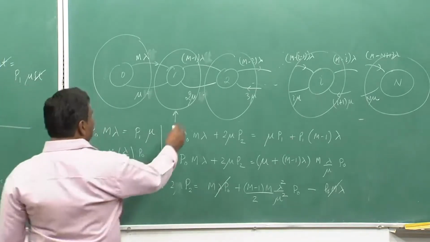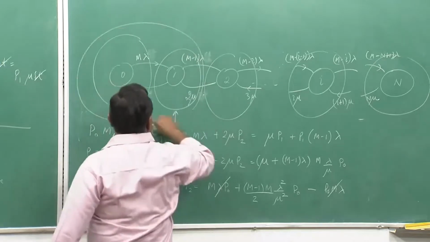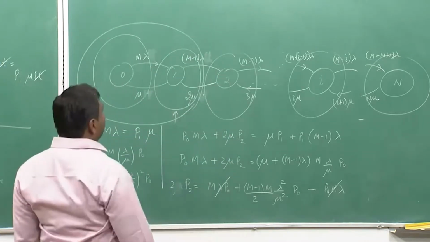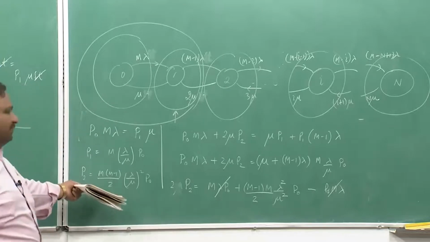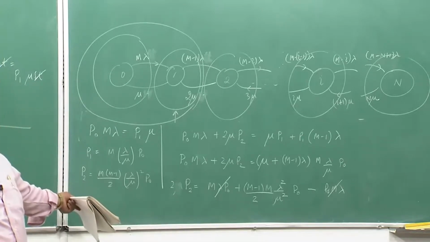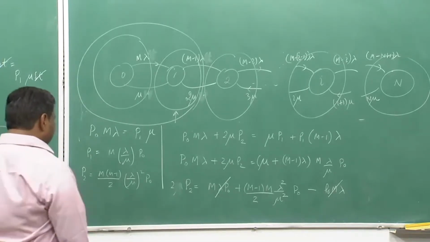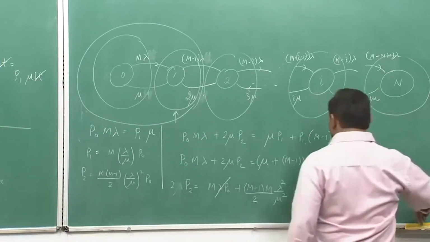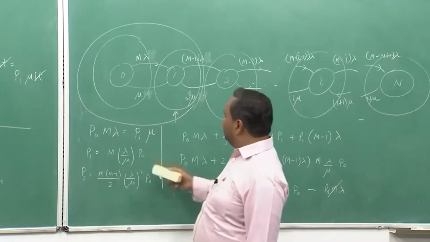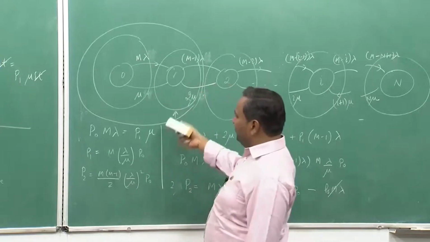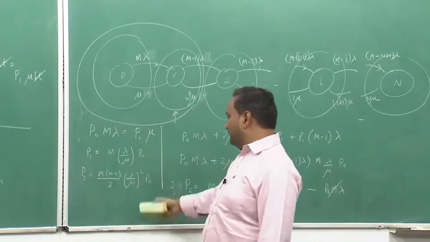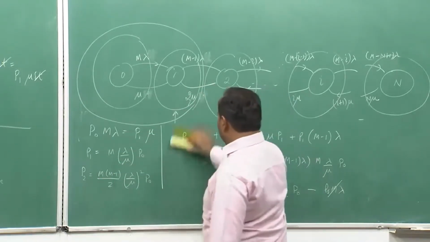Alternatively I could actually have taken a surface like this. So, incoming rate has to be equal to outgoing rate and you would have got this equation directly. Okay. So, this would have become a relation between P2 and P1, and P1 I could have replaced from the previous one to get this particular equation.